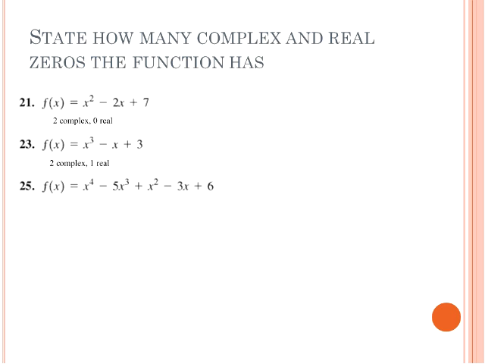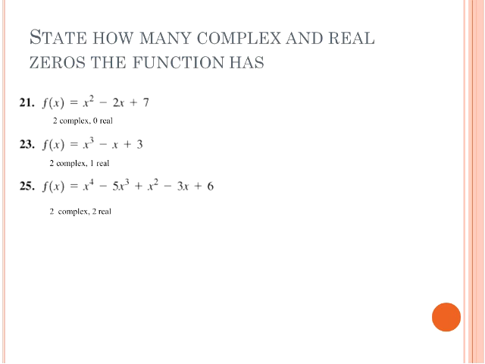Last one, how many zeros total? 4. I'm going to readjust our graph a bit to actually see the whole thing. We'll probably zoom out a tad just to make sure. All right, out of the 4, how many are complex? And how many are real?